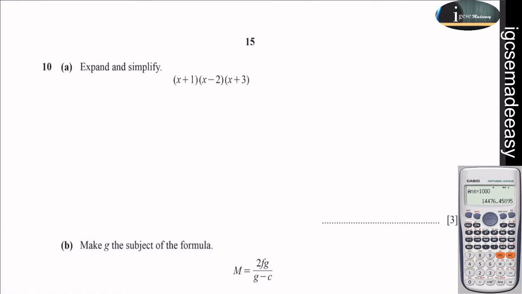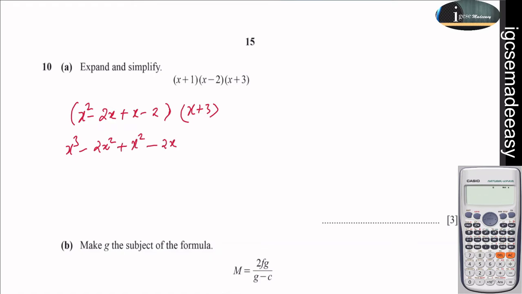Question number 10. Expand and simplify. So we can multiply this bracket, so we'll be having x square minus 2x plus x minus 2, and then we'll use this bracket. Then we have x cube minus 2x square plus x square minus 2x.